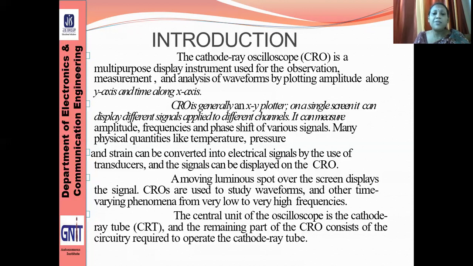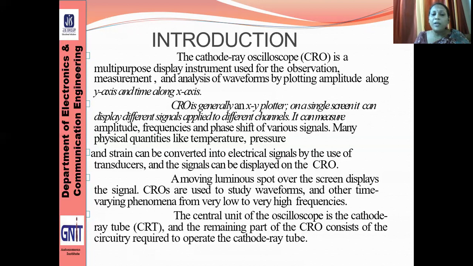shift of various signals. Many physical quantities like temperature, pressure, strain can be converted into electrical signals by the use of transducers. As we know, the function of a transducer is to convert mechanical energy into electrical energy, and that electrical energy can be measured or displayed on the CRO.